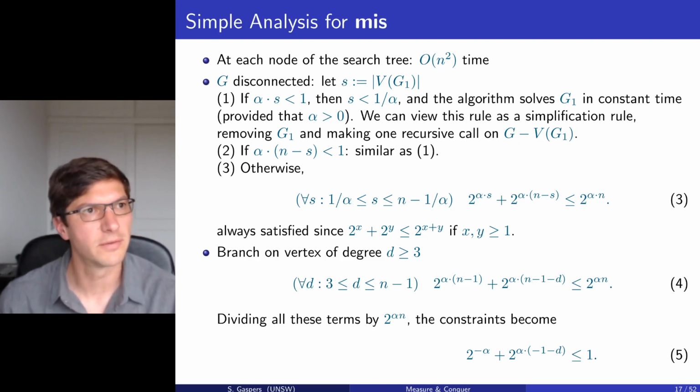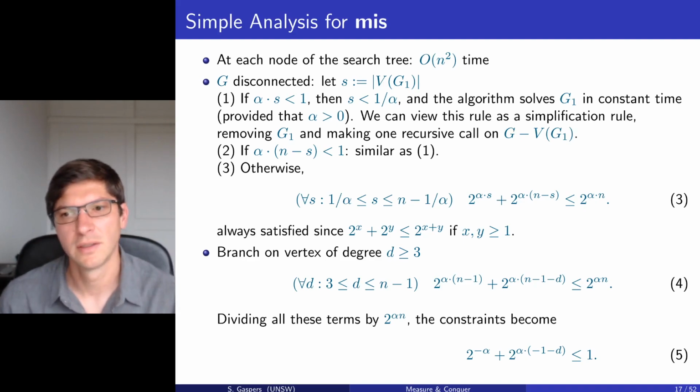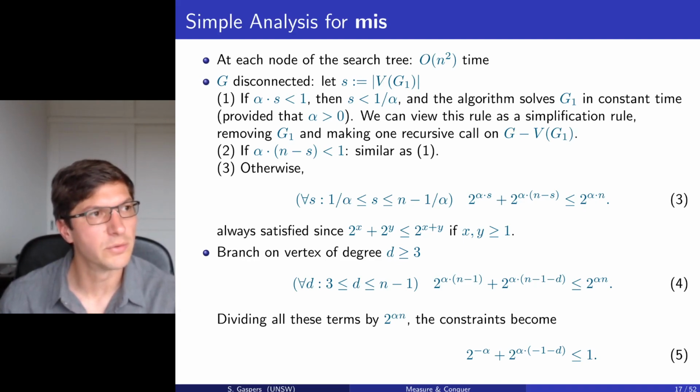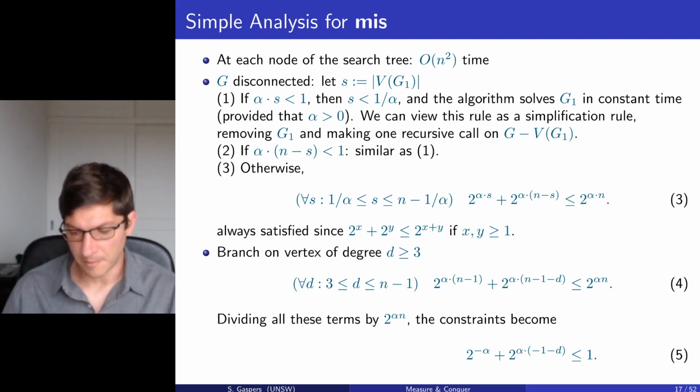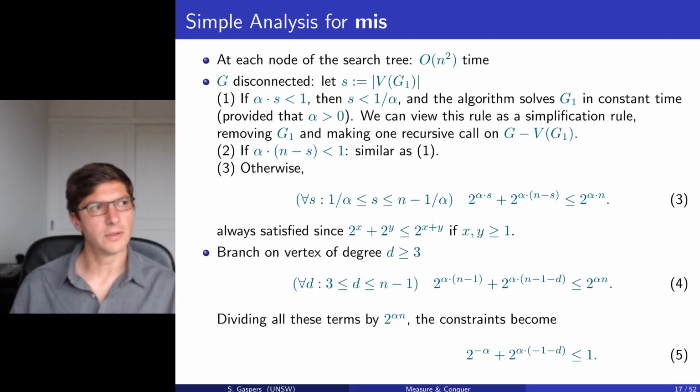It checks whether the graph is disconnected, and otherwise it computes a vertex of largest degree, and then it creates the sub-instances for the branching. But all of this can be done in n squared time. So that's it for the running time spent at each node of the search tree.